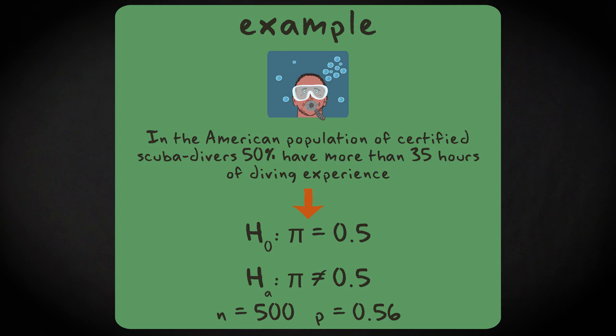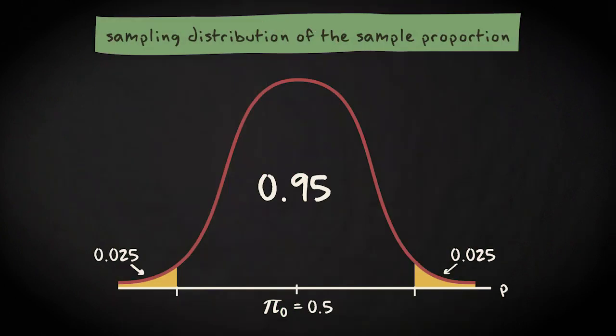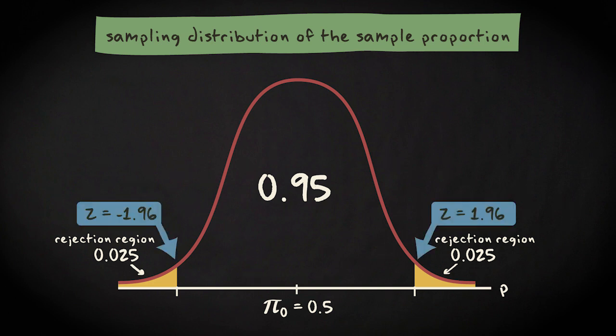Now suppose that your null hypothesis is actually true. A type 1 error occurs if you decide on the basis of your sample data to reject the true null hypothesis. If the null hypothesis is true, the sampling distribution looks like this. If your significance level alpha is equal to 0.05, this is your rejection region. In the z-table, you can find that z-scores of minus 1.96 and 1.96 form your critical values.